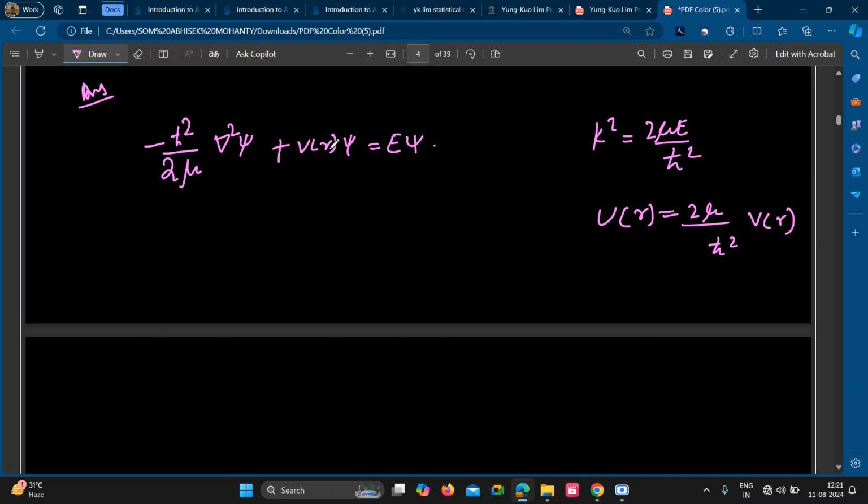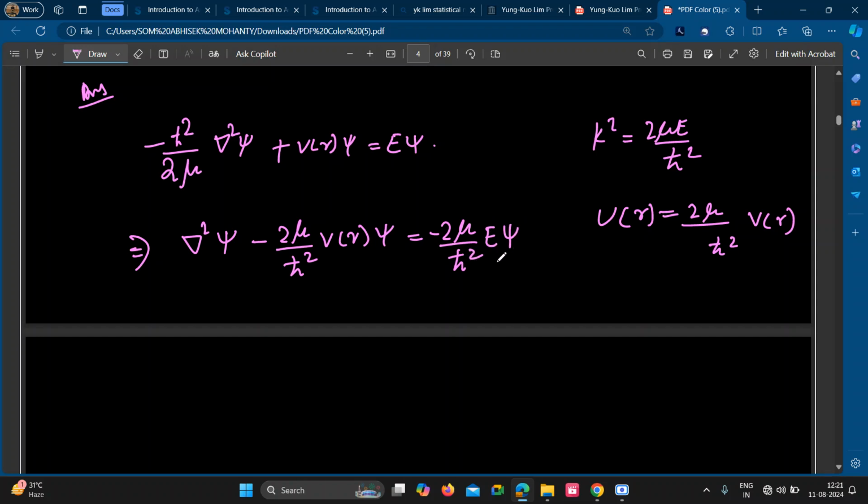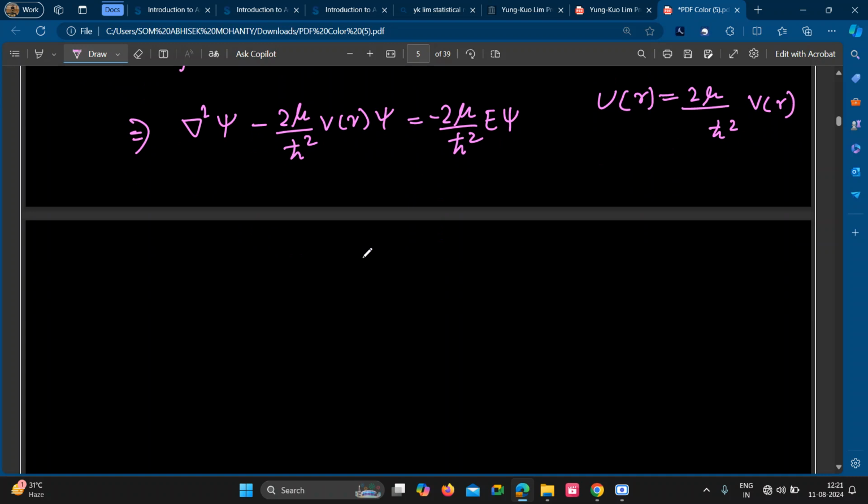Let's do one thing: multiply this on this side. So del square psi minus 2 mu by h cut squared V of r psi is equal to minus 2 mu by h cut squared E psi. This becomes k square.